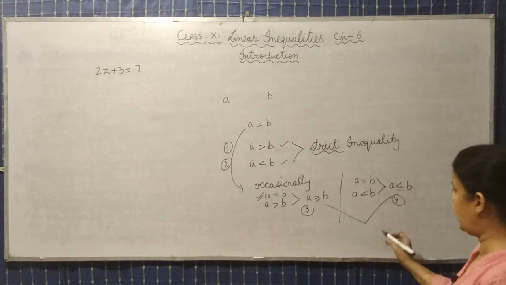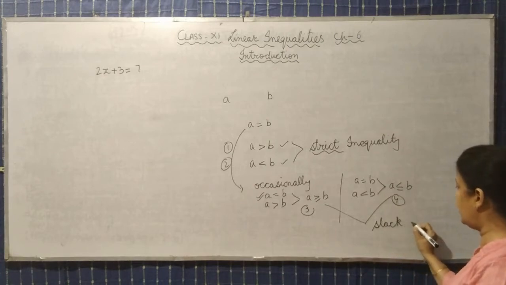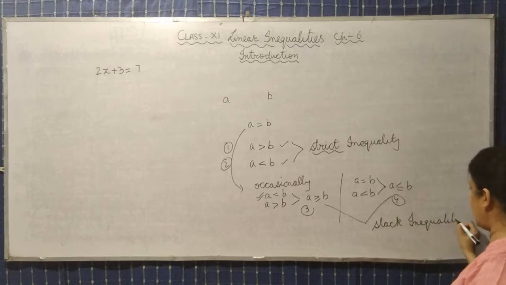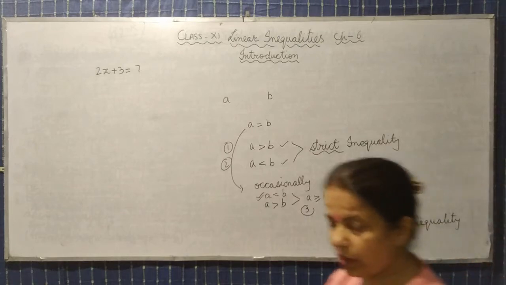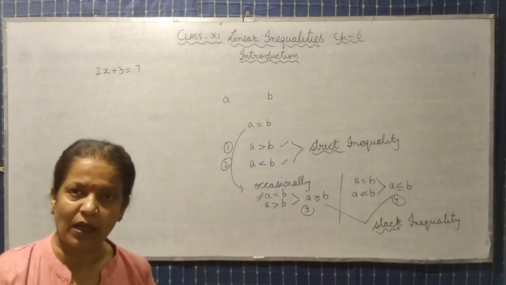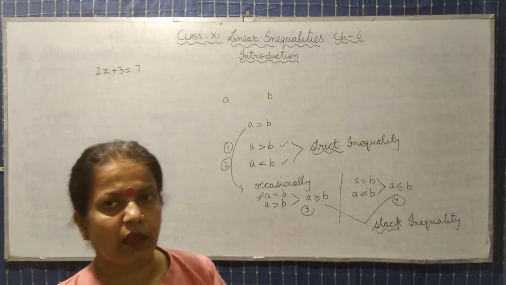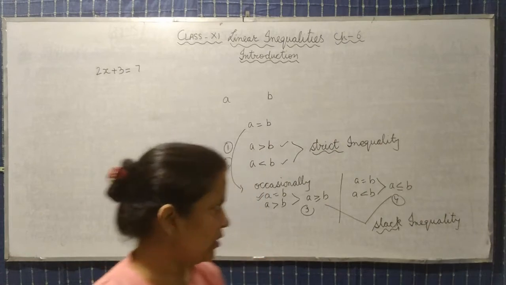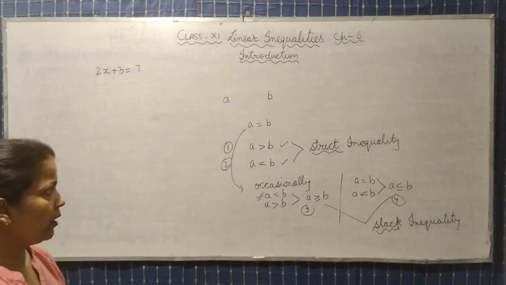Such type of inequality is called slack inequality. So strict inequality is greater or less, and in case of slack inequality, along with greater or less, there will be an equal sign also. Is it clear? Okay.